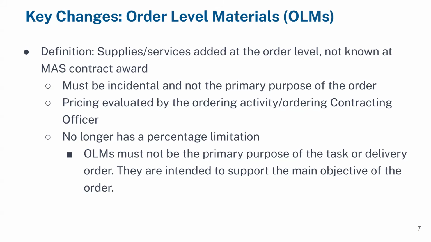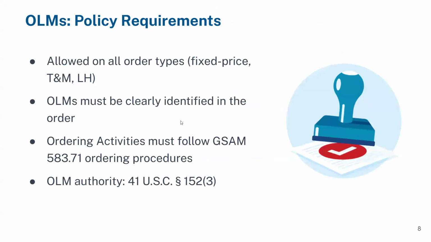This is not a change, but the pricing needs to be evaluated by someone. It's not evaluated at the MAS contract or BPA level because it wasn't awarded there. So the ordering activity is still responsible for evaluating that pricing. And again, there's no longer a percentage limitation; we talked about that. It's now allowed on all order types, so it's no longer restricted to T&M.